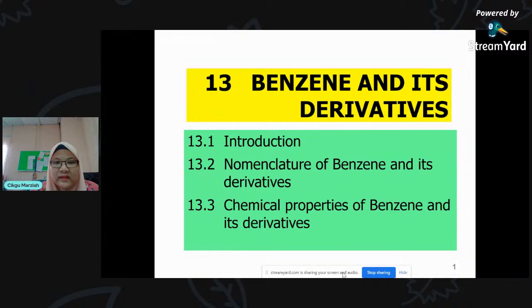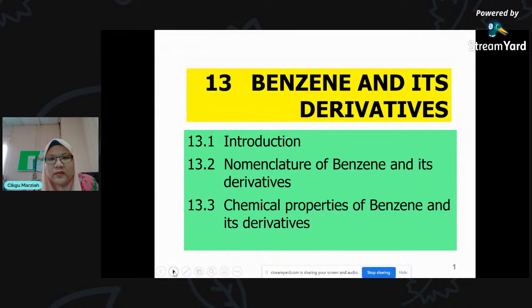Benzene is one of the examples. Like naphthalene, naphthalene is also an example of an aromatic compound. But in our syllabus we only study benzene, where we have a compound with a 6-carbon ring.